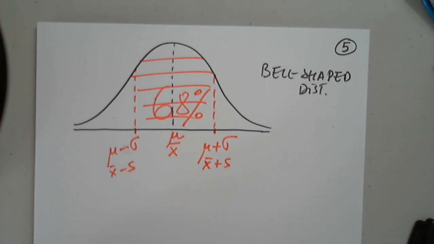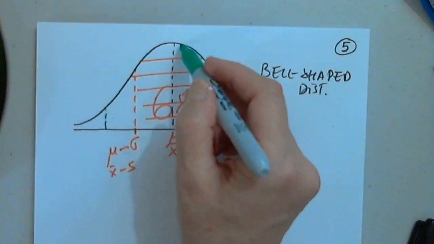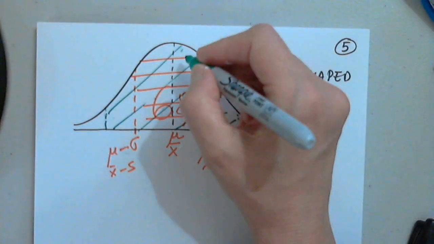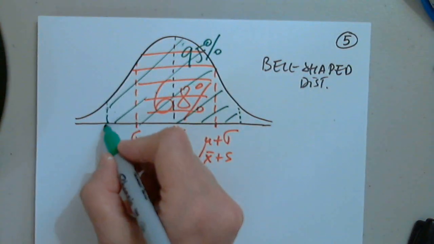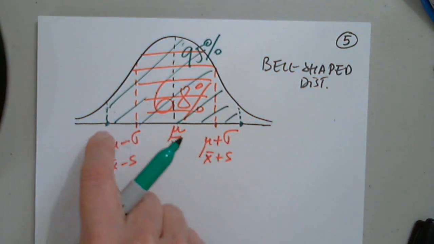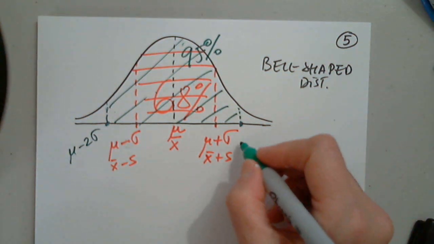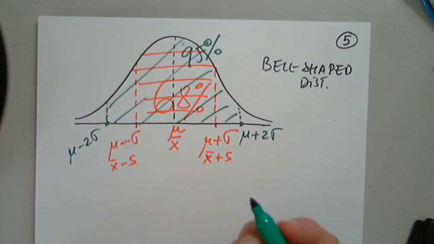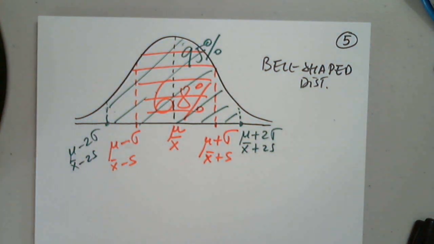Okay, that's step one. Step 2. Approximately 95% of the observations, if it's a bell-shaped distribution, will be found between mu minus 2 sigma and mu plus 2 sigma. Of course, the same notation with x bar minus 2s and x bar plus 2s. So 68, 95.